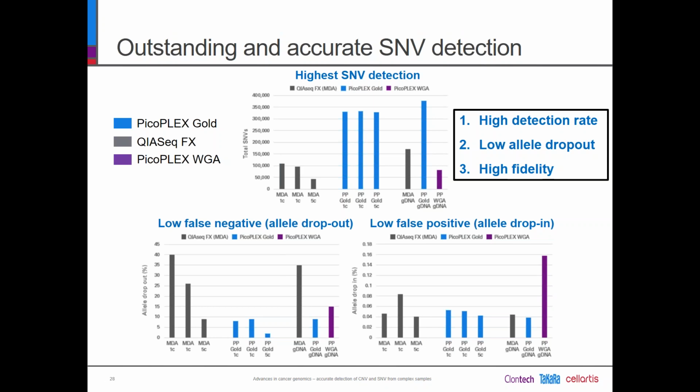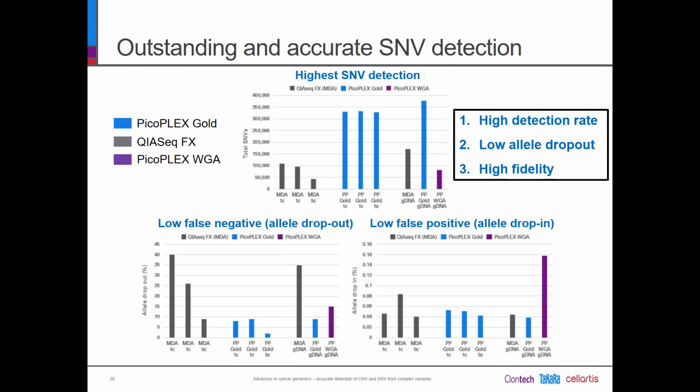High numbers of SNV detection is good, of course, but you need accuracy in your data, most of all when you are looking at point mutations. So this is what we looked at in the bottom graphs. The first one is the allele dropout frequency.